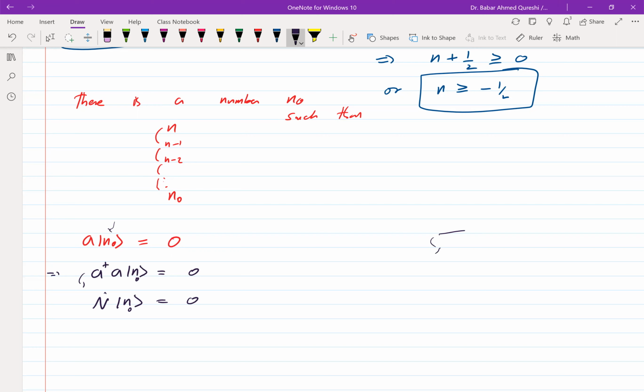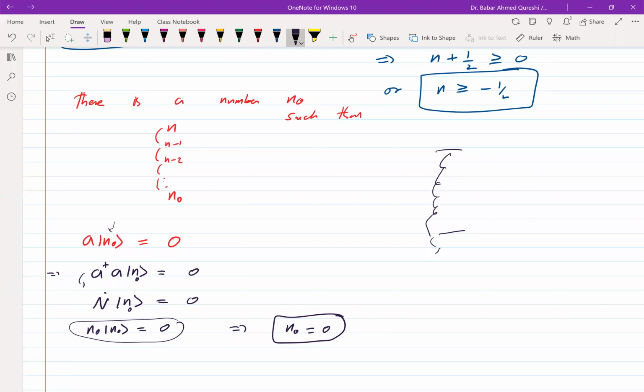So this last eigenstate in this chain, this state is not 0 because this exists. Below it, you get a 0. So how can this equation be satisfied? This implies that n naught is 0. So this last eigenstate has eigenvalue 0.